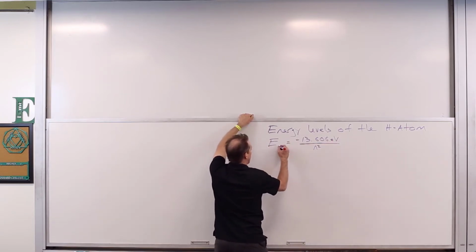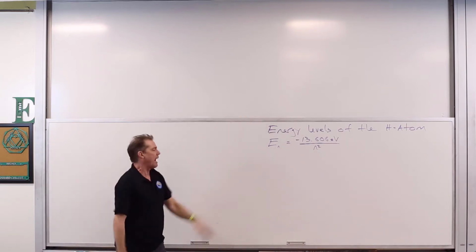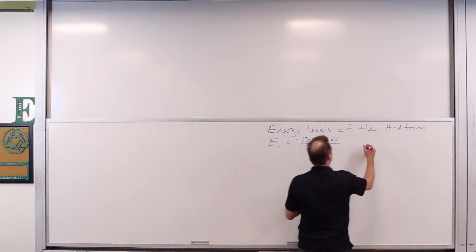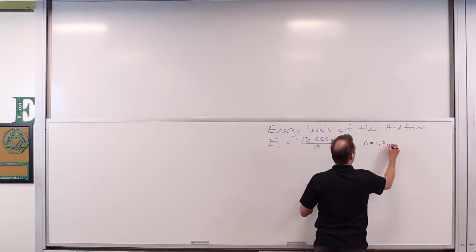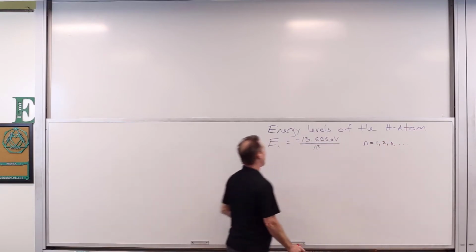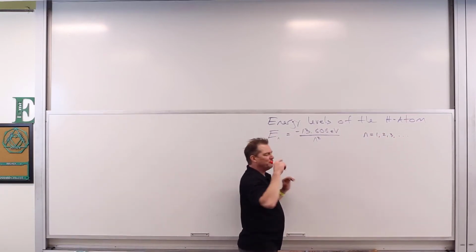Generally this is called E sub n; we're just giving it for the hydrogen atom. We know that n takes on discrete values, n equals 1, 2, 3, integer values.